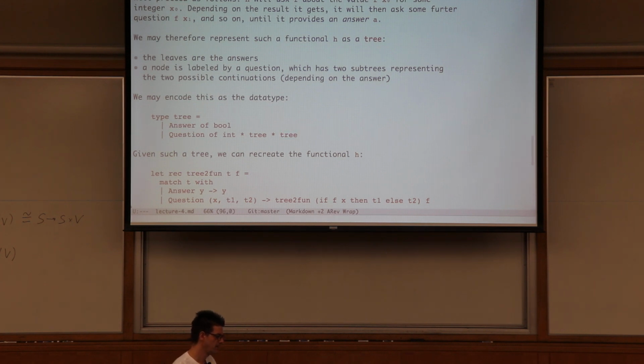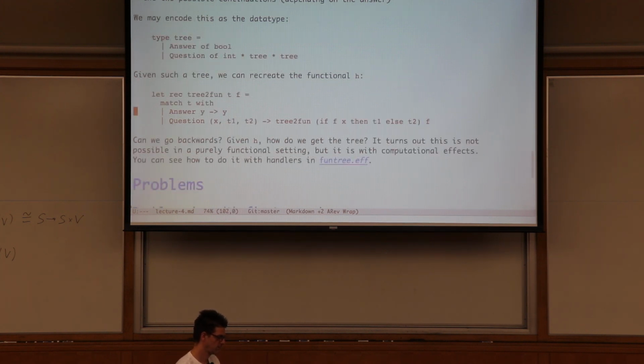Okay? Now, if I have a tree, can I convert it to the functional? So if I give you a tree T and the f, can you then tell me how to apply? Well, yes, of course. I look at the tree and I say, if the tree says that the answer is already known, ignore f and I provide the answer.